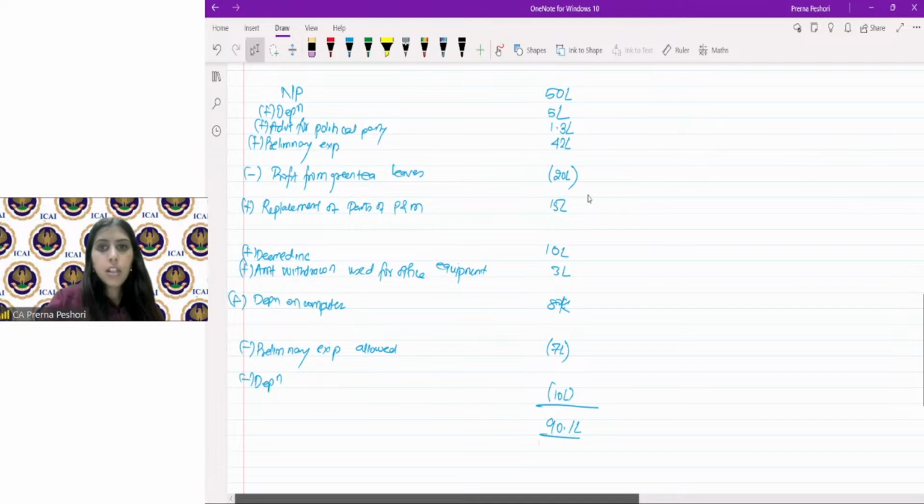That's correct. Then 15 lakh, 10 lakhs, and 3 lakh you have added back. Then 80,000 you have not considered, depreciation on computer. And preliminary expense 8 lakhs you have considered, but 7 lakh is the preliminary expense which is allowed. So it's not 80 lakh, it's 80,000.